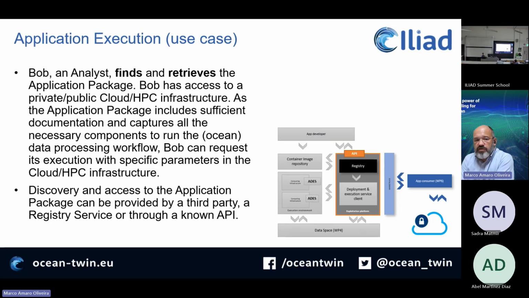This discovery and access to the application package is done through a standard API. In the case we will use afterwards, the OGC API Processes, both part 1 and part 2, for the execution and for the deployment. The registry is also done with a standard API, OGC API Records.